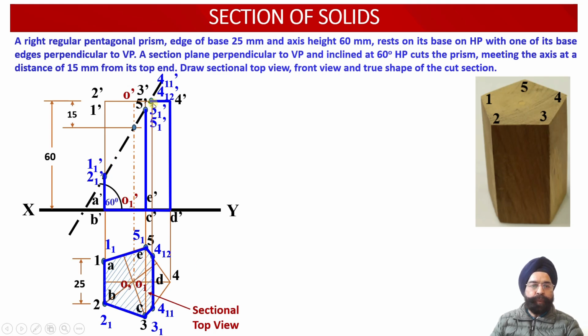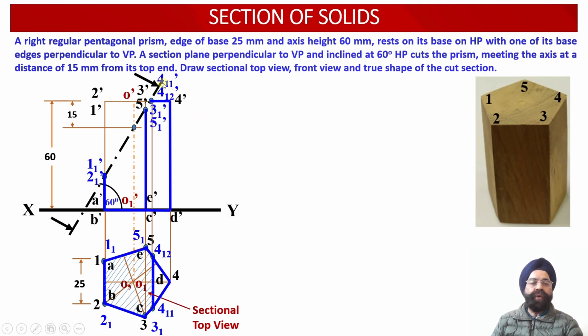But this portion is the uncut section of the solid. So we need to join the points 4 and 4 1 2. We also need to join the points 4 1 1 and 4. So this portion is the uncut portion of the solid, which will also be visible to the observer in the form of a true shape projection in the top view projections over here.